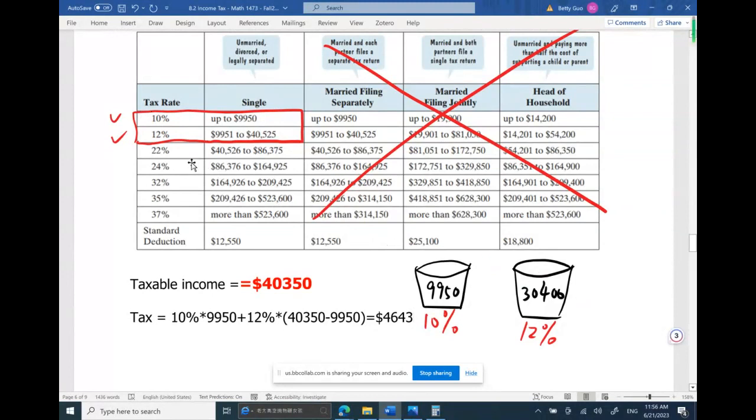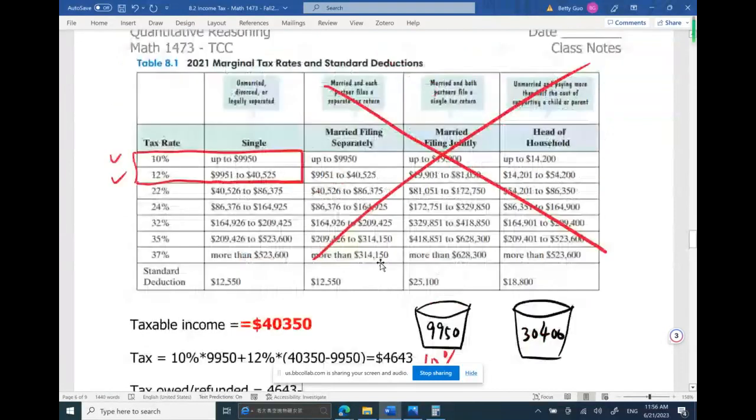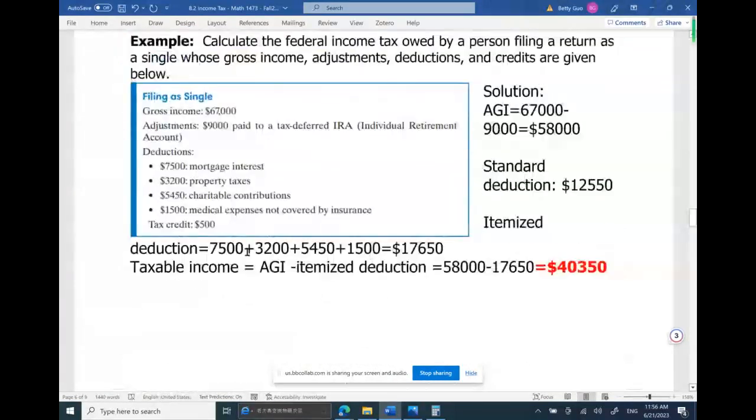For the money in the second bucket, we apply a 12% tax rate. And that's how we get the federal income tax. But that's not the whole story. Your income tax owed or refunded will be equal to that amount we just got, 4,643 minus your tax credit.